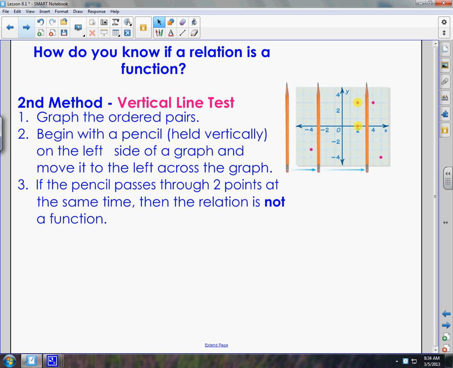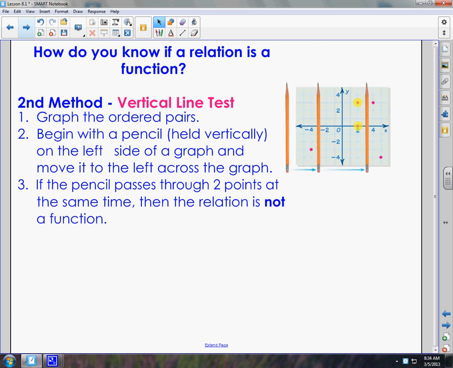Okay, here is the second method. It's called a vertical line test. What you do essentially is you graph your ordered pairs. You make a graph and you put the dots on. Begin with a pencil and you hold it vertically, like in the picture. You hold your pencil up and down, and then you start at the left and you move it to the right.